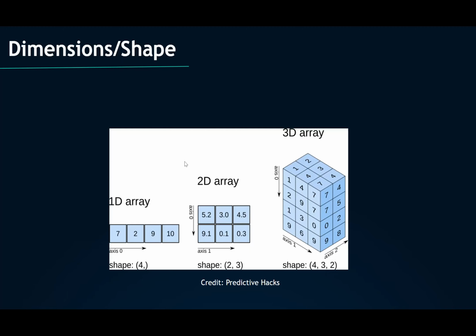For a 2D array, we're going to have two axes. Axis 0 corresponds to the number of rows in this 2D array, or if you visualize it as a matrix, the number of rows there. If you count along axis 0, there are 2 rows, so axis 0 corresponds to 2.